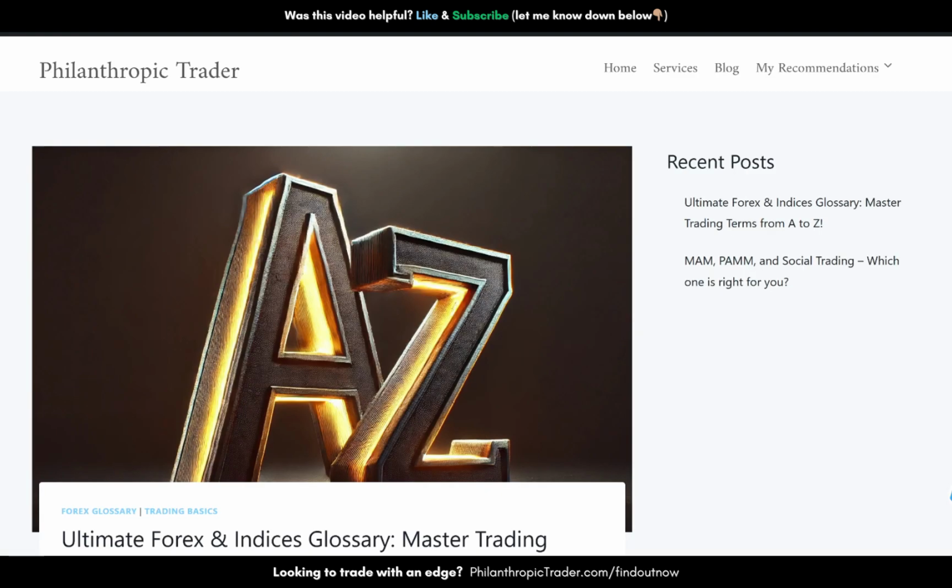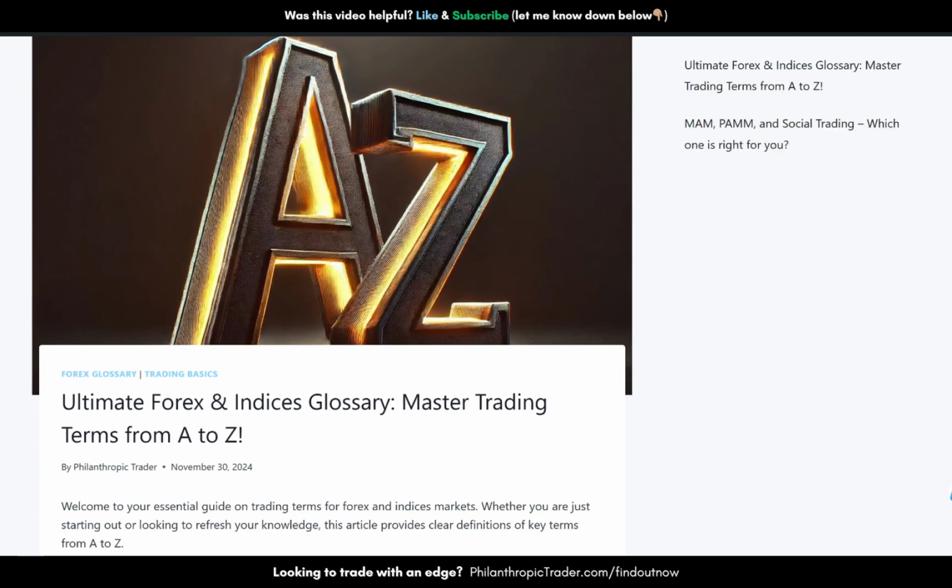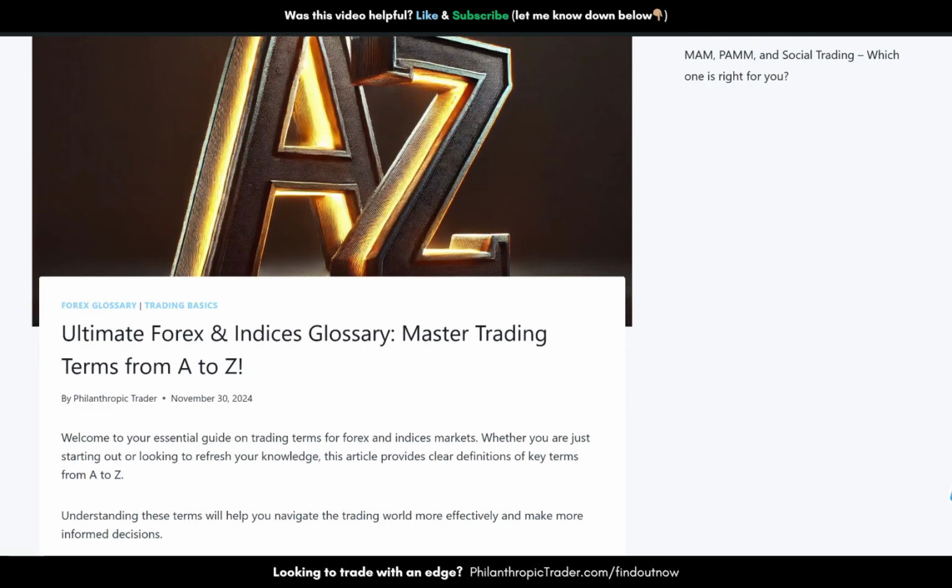If you click on the link to the article down below in the description, you can read it at your own pace. If you're a beginner, I really recommend checking it out at least once and seeing if you know all the relevant terms related to trading, forex trading, indices trading, and even stocks a little bit.